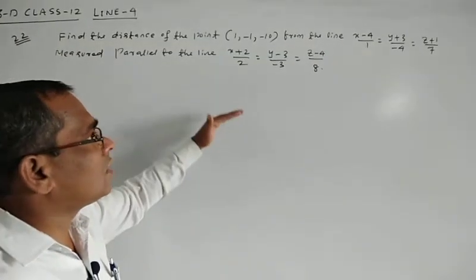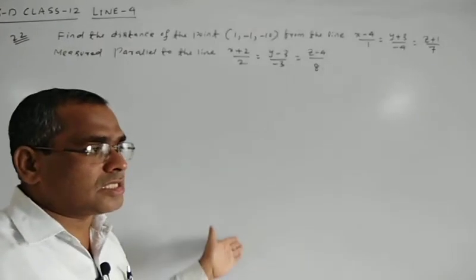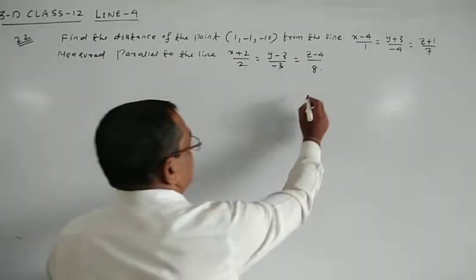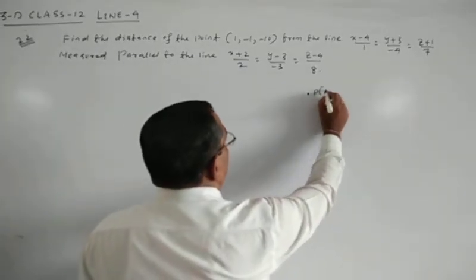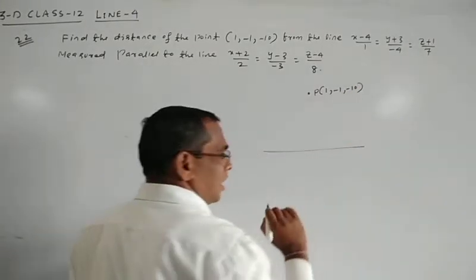Here we find distance from this point to the line, and this distance is measured parallel to the another line. So clearly this is a point P, 1, minus 1, minus 10, and this is the line.